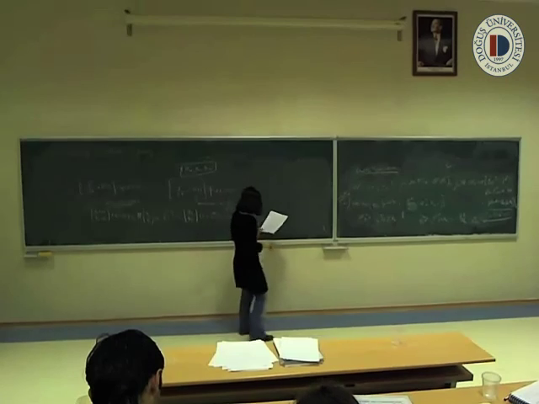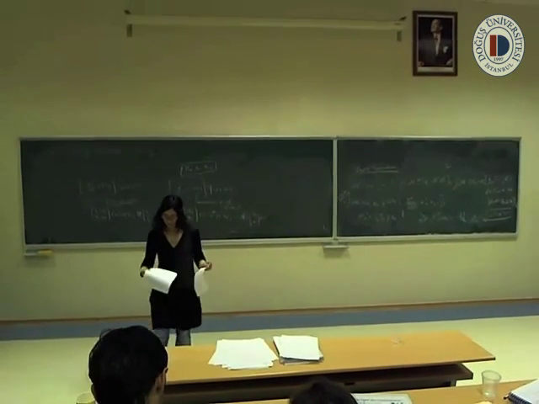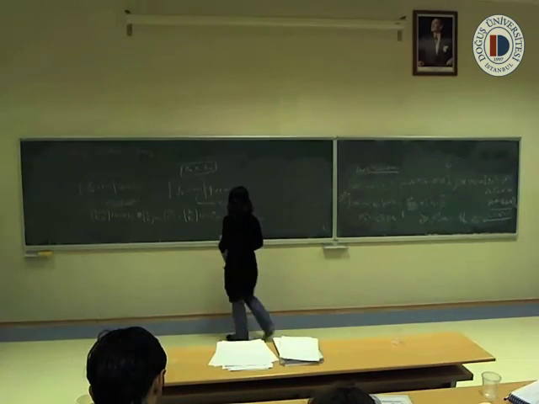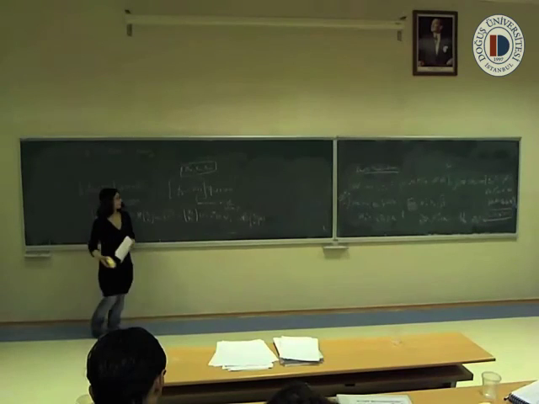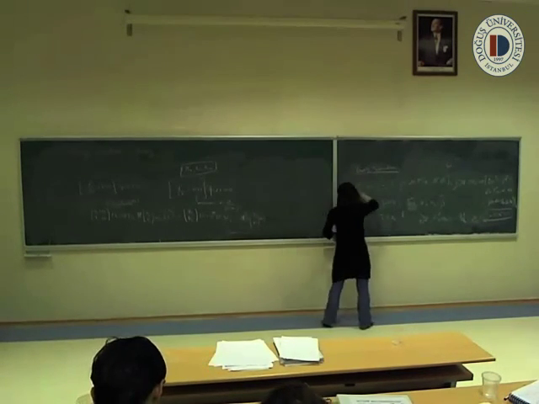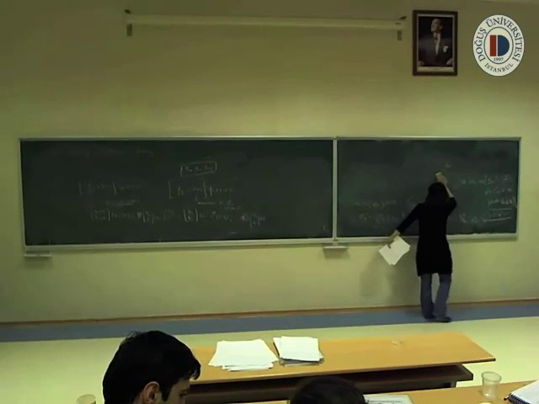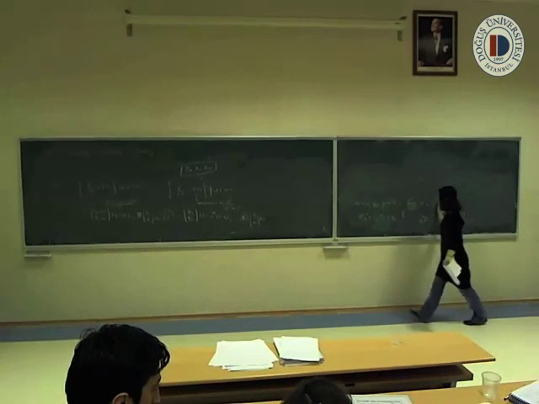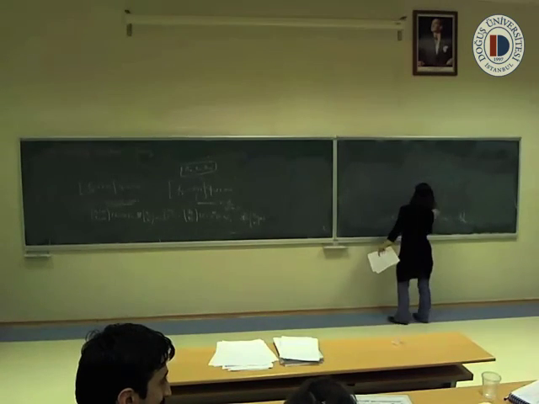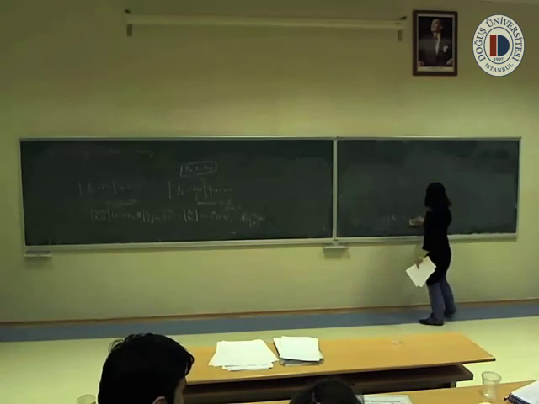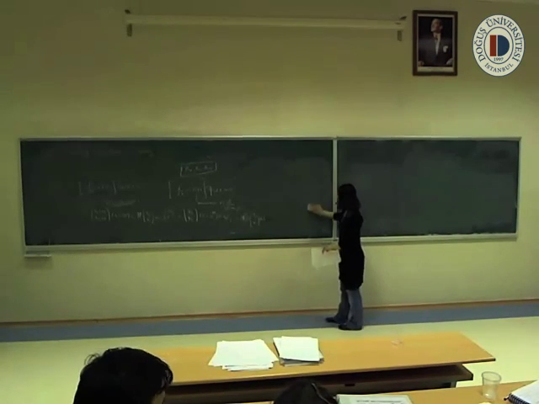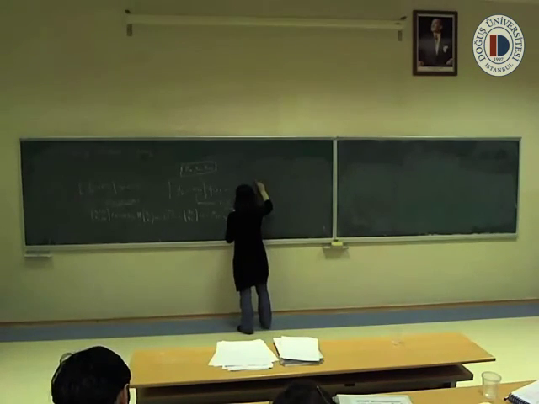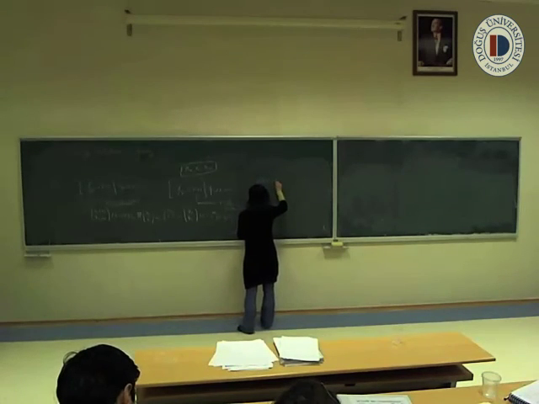Okay, so the general guess that you can make for the potential V of z will be something like that.